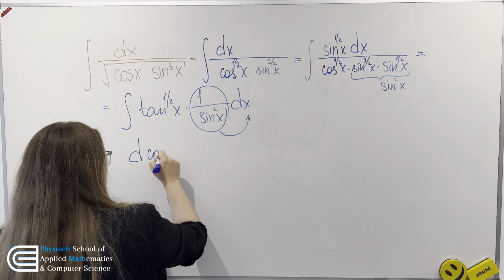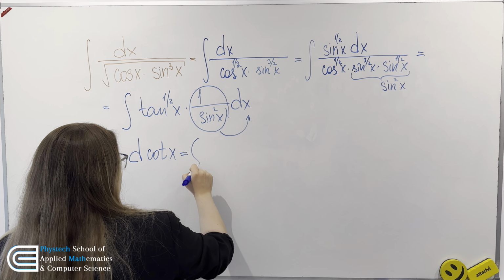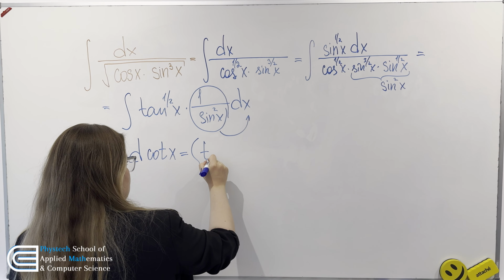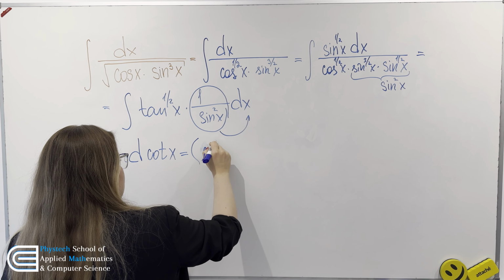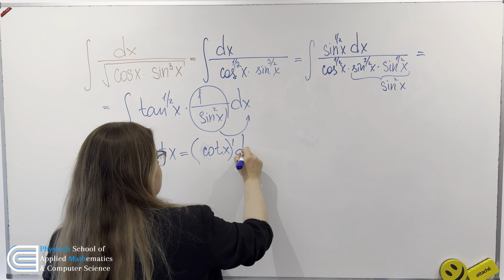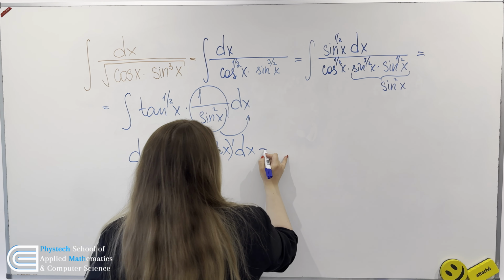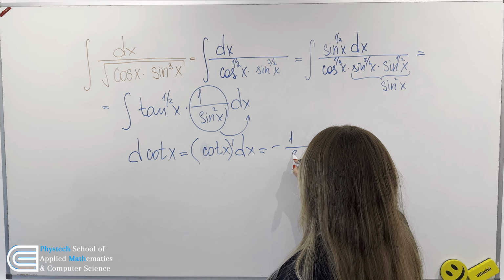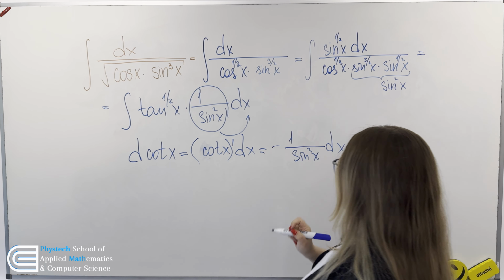d of cotangent x gives us cotangent of x derivative dx, and we know that derivative of cotangent gives us minus 1 divided by sine of x to the power of 2 and dx.